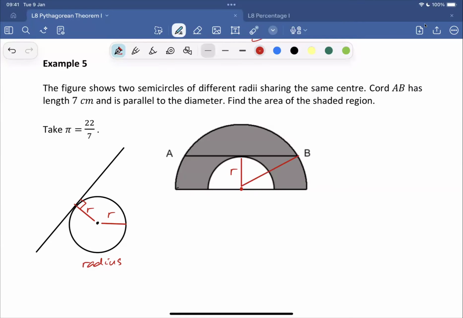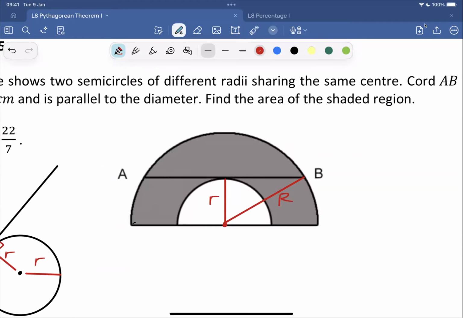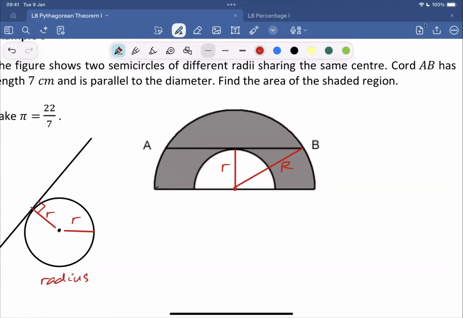There you go. Let's call it big R because it's the big semicircle. Now, what did I say? Can you identify which one is the tangent? Which line is a tangent? Look at this diagram. Which line is a tangent?